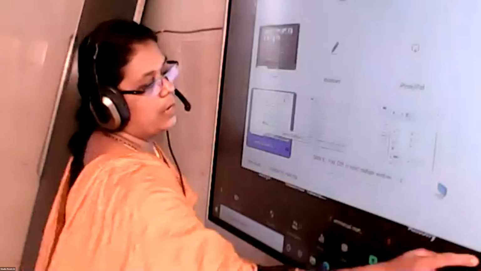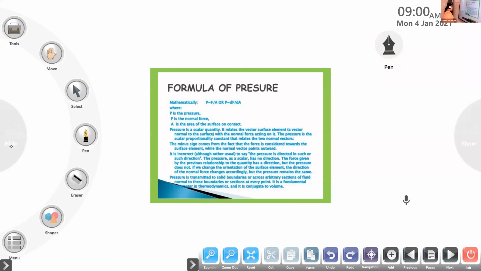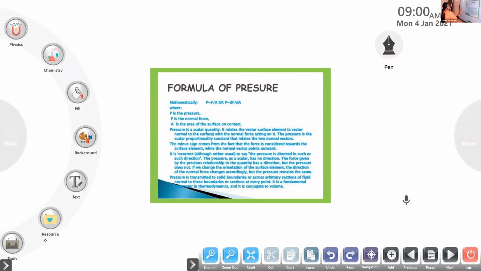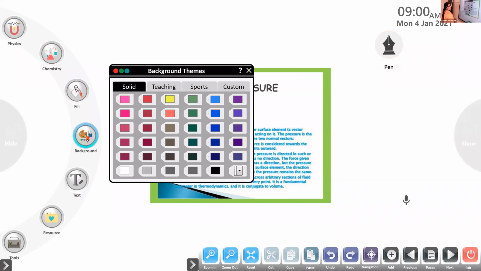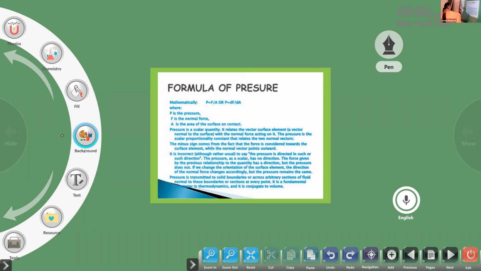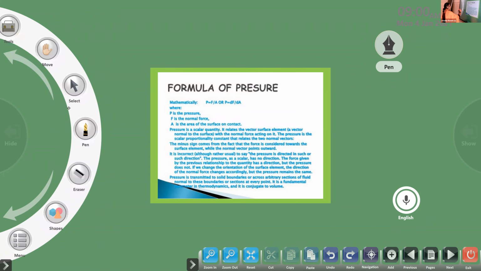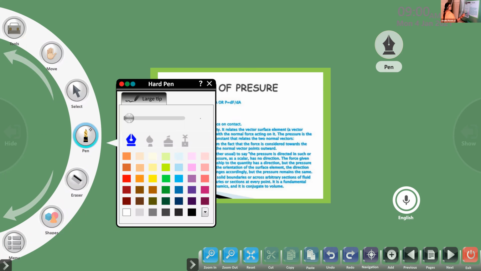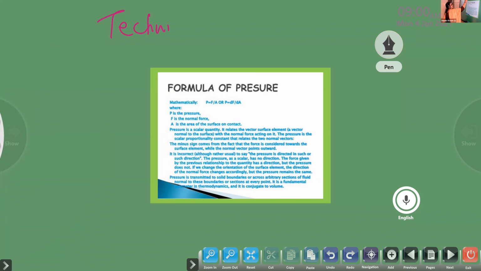Technical terms related to fluid mechanics.